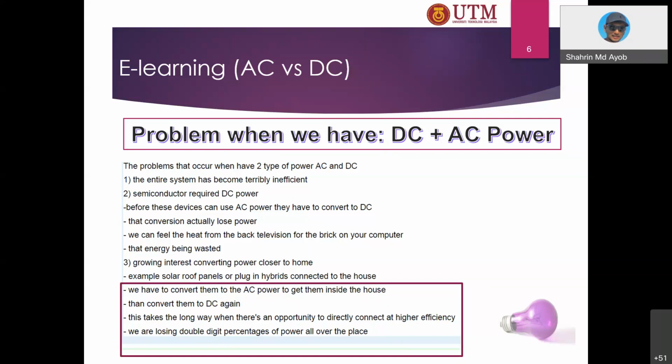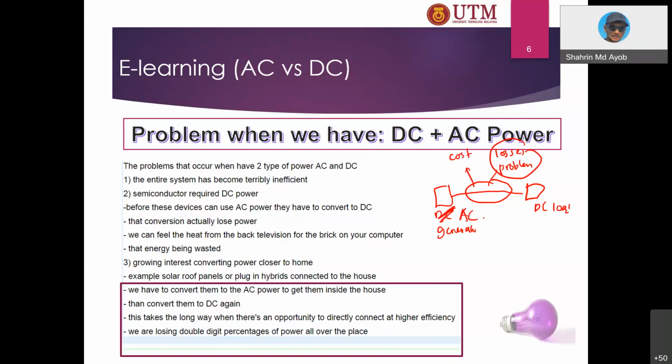If we use a DC generator and then transmit, the problem is transmission losses, and the second one is the cable cost. So that's why we don't use a DC generator.